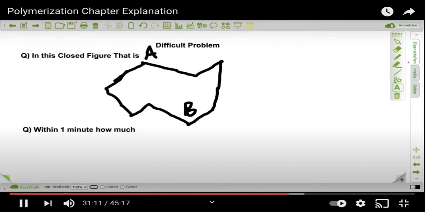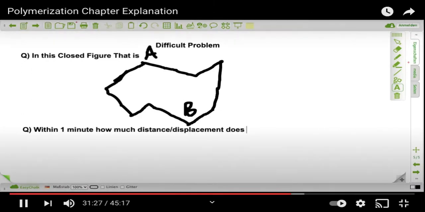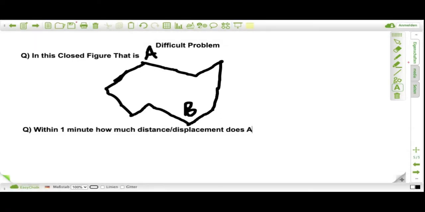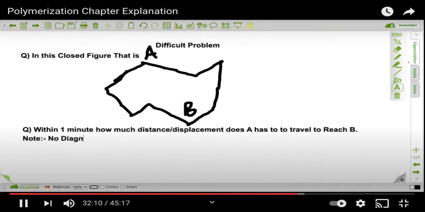Within 1 minute, how much distance and displacement does A have to travel to reach B.